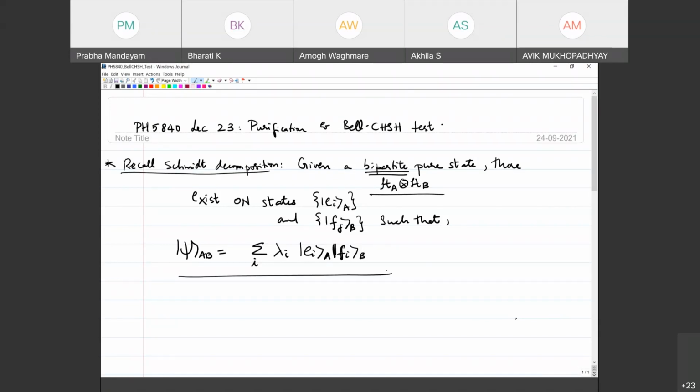And this is a very convenient statement because it is via this Schmidt form. So this is often called the Schmidt form. Okay, it is via the Schmidt form that the entanglement content of the state is manifest.